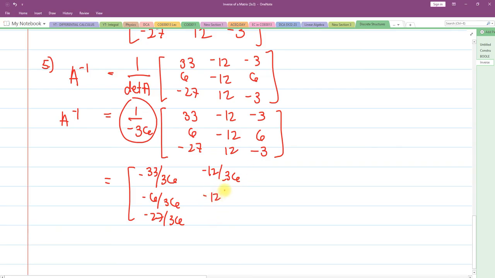So, this will also be negative 12 over 36. And then you have negative 12 all over 36. So, I just write the negative already here from the negative 36 since this is positive. So, you have negative 3 all over negative 36. 6 all over negative 36. And then you have negative 3 all over negative 36.